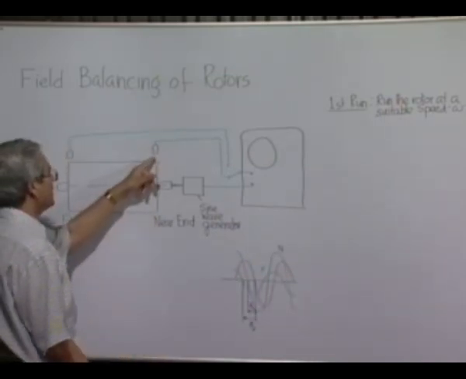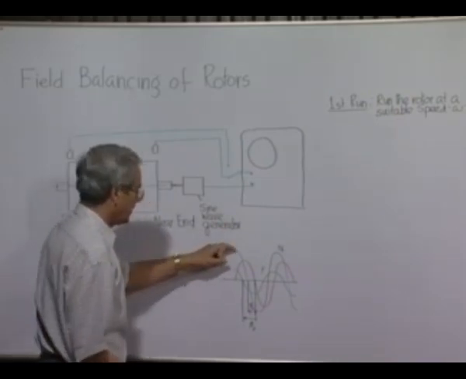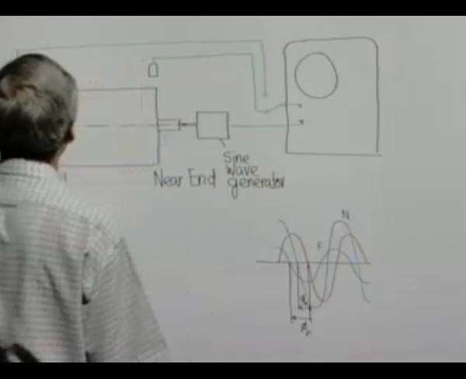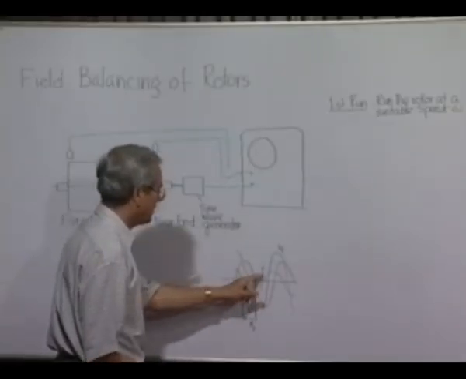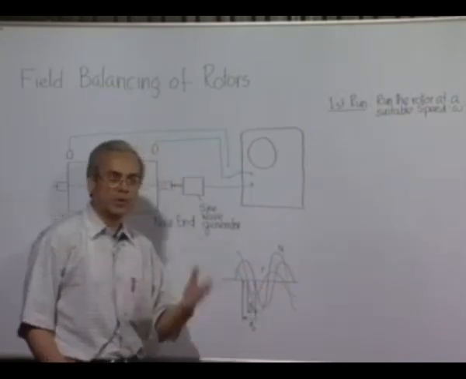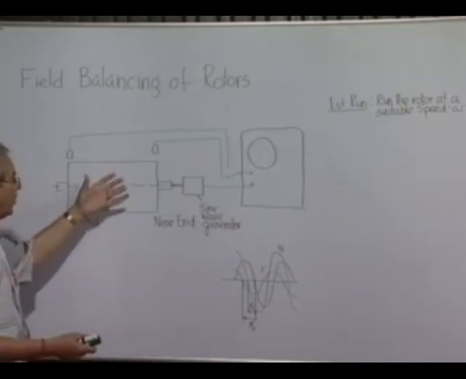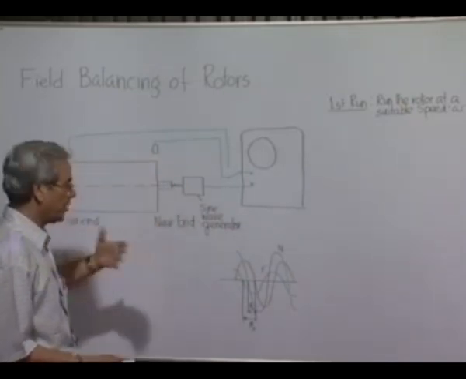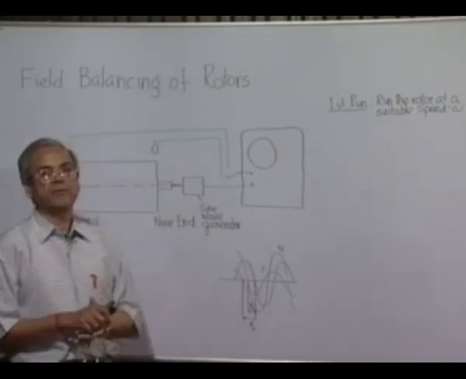Then the vibration of the near end is being measured like this, and the vibration of the far end is given by this. All of these are harmonic functions of time, because it is a case of forced vibration, and in all cases the frequency of vibration matches the speed of rotation. So all these signals are of the same frequency.